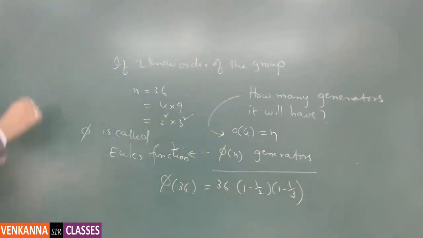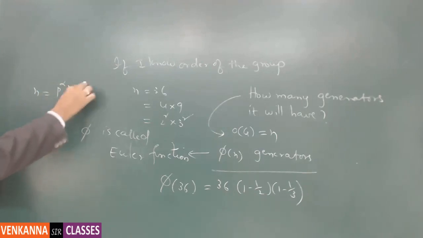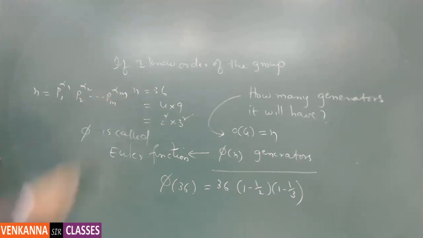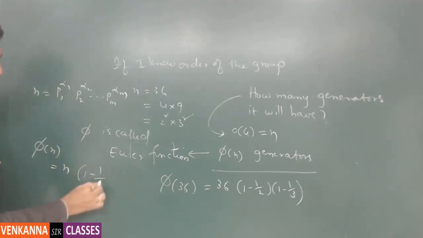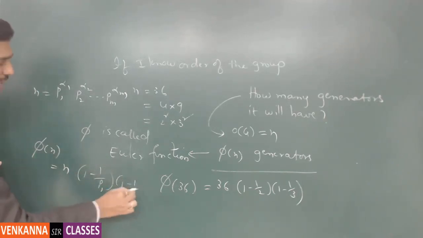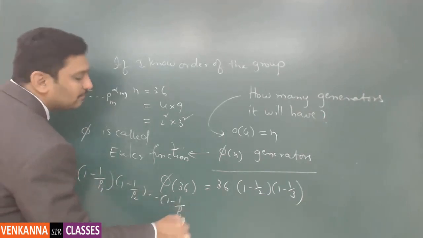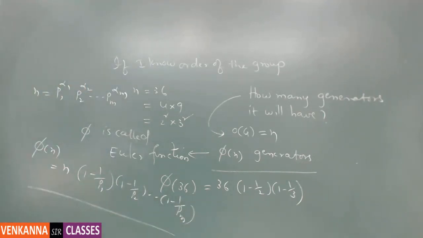Whenever n is written in the prime factorization, p1 power alpha 1 into p2 power alpha 2 and so on, pm power alpha m, phi of n is defined as n into 1 minus 1 by p1, 1 minus 1 by p2, and so on, 1 minus 1 by pm. This is the formula.